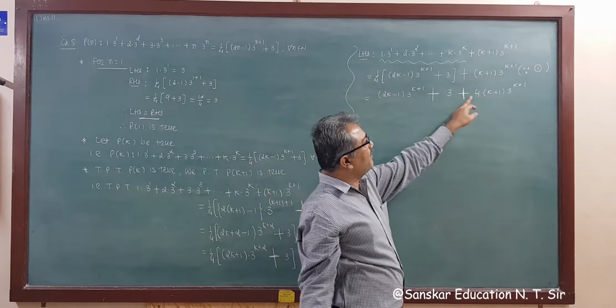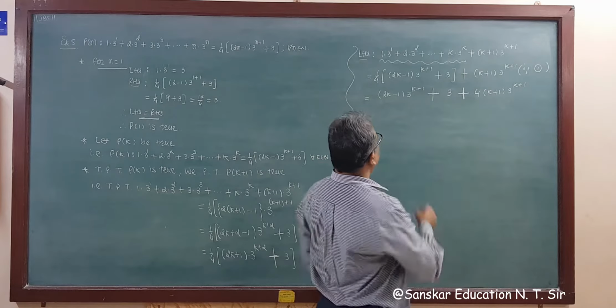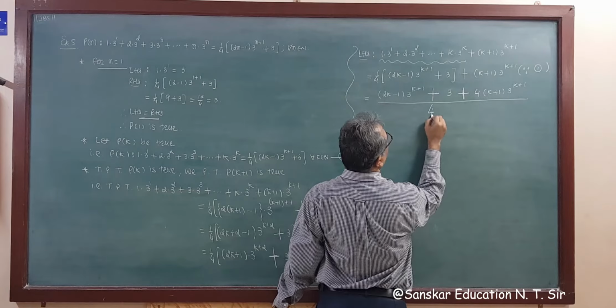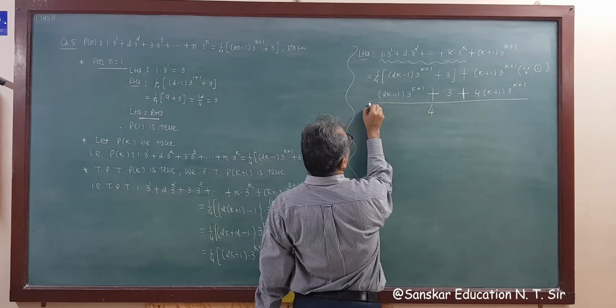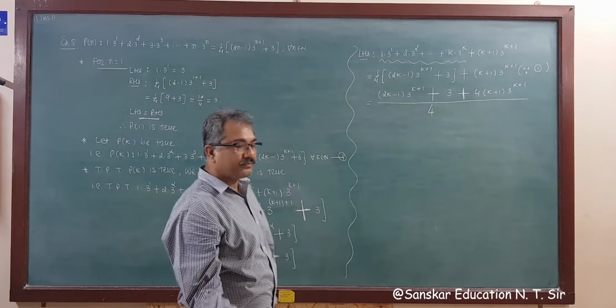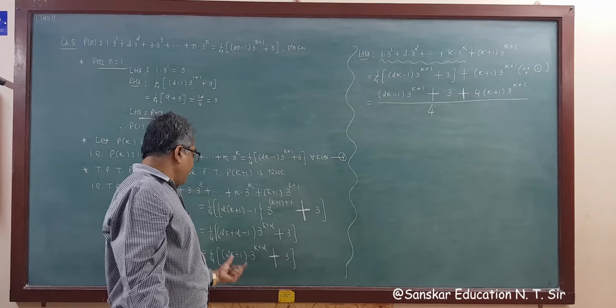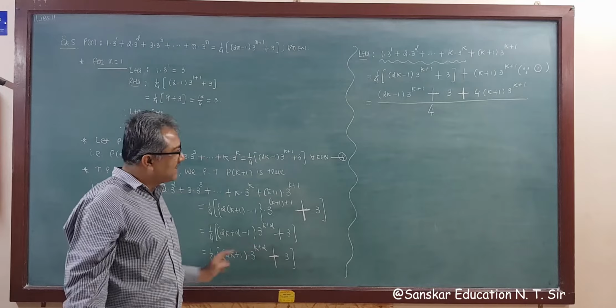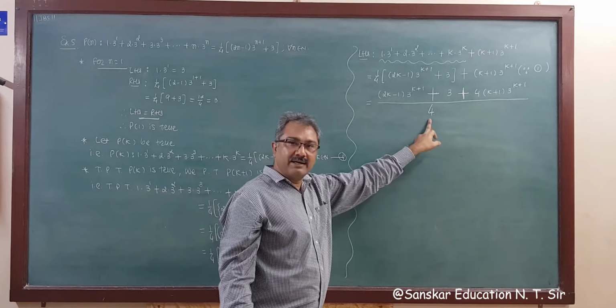Why we are multiplying by 4 here? Because we are taking LCM. So whole upon 4, right. Now see, you want this answer, 1/4 is outside the bracket, that is 1/4 is already there.